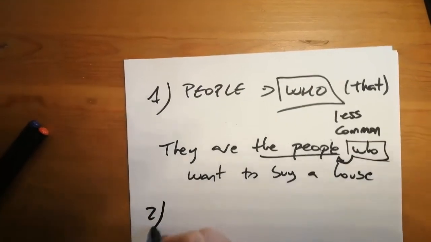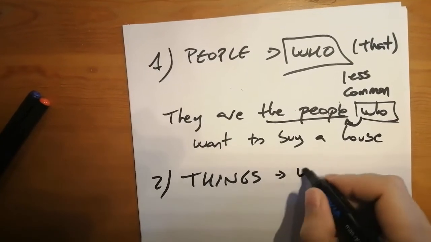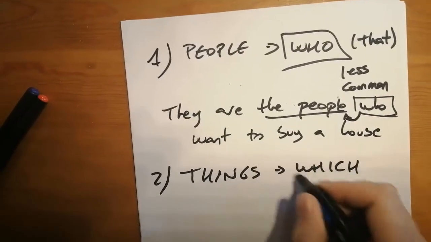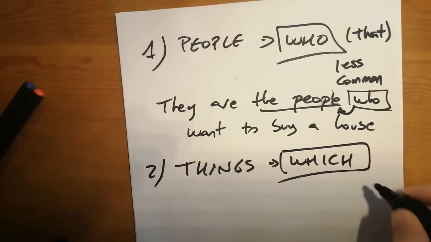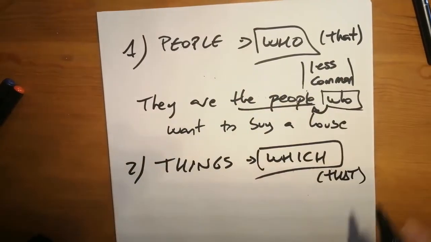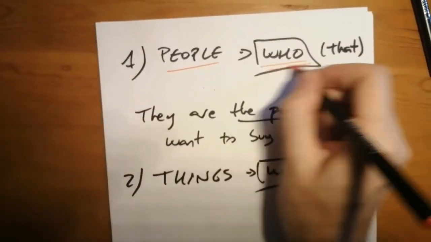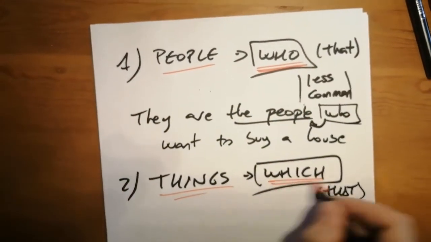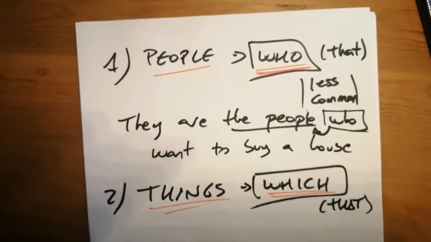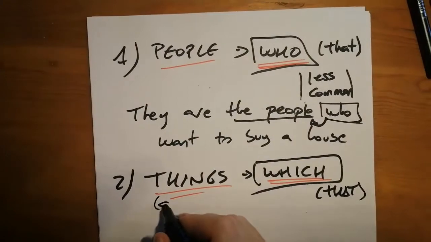What else? When we talk about things, we have to use which. And also that, as I said before, less common. Okay, I'm going to use, if you want, different colors. So people, who, things, which. Another example, for example, things and animals.